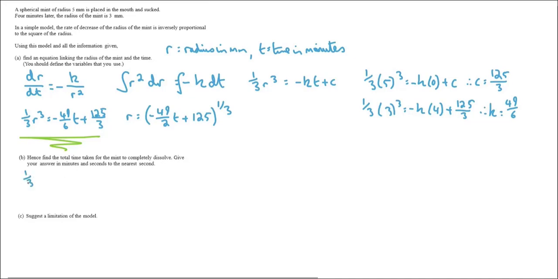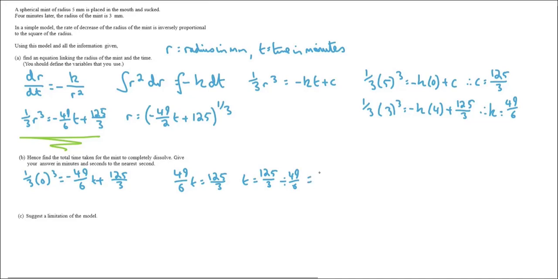So you're going to have a third of 0 cubed equals minus 49 over 6 t plus 125 over 3. Obviously, this being 0 makes that entire left-hand side equal 0. So we can add this term over to get 49 over 6 t equals 125 over 3. Therefore, t is going to equal 125 over 3 divided by 49 over 6.